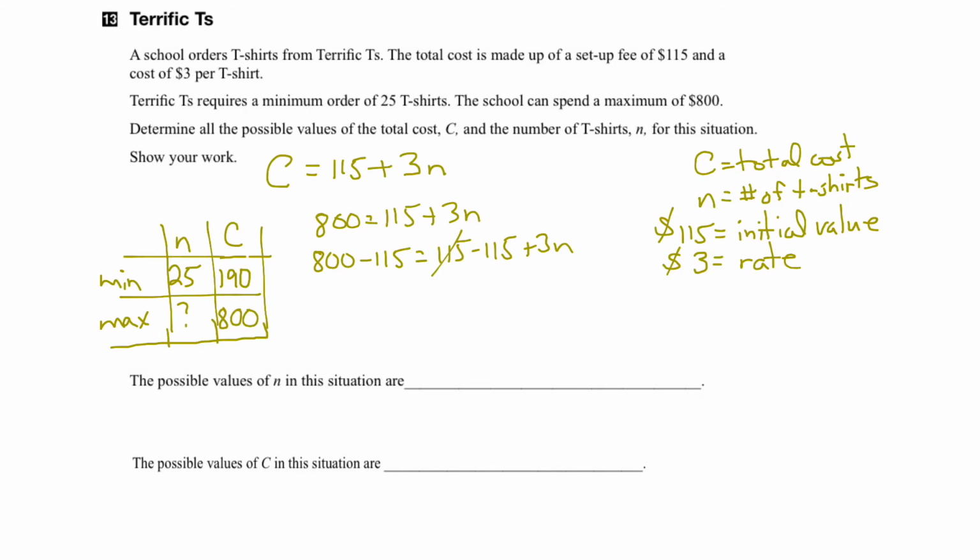The 115s cancel out. 800 minus 115 is 685 equals 3N. Divide both sides by 3, and so N would equal 228.333 repeating, or if you like, 228 1/3.